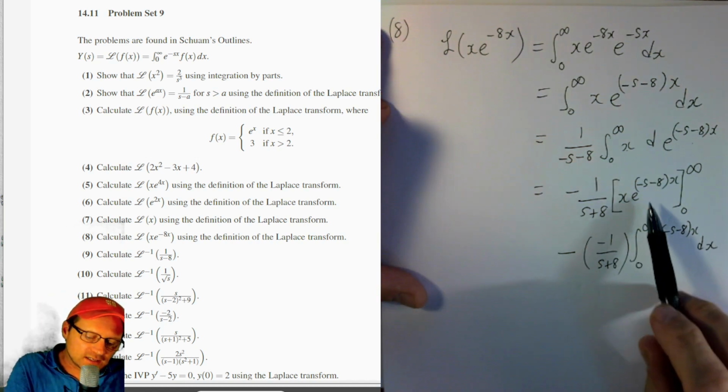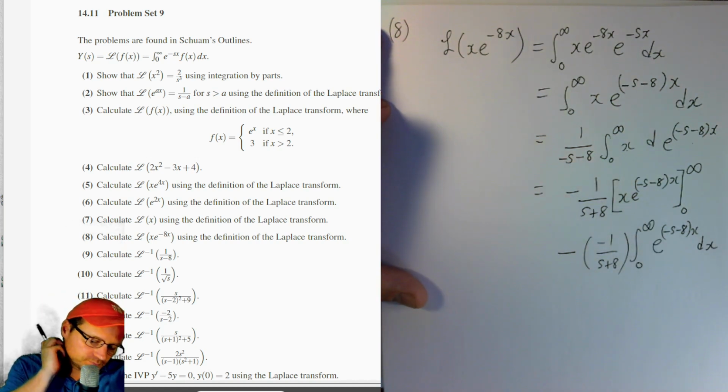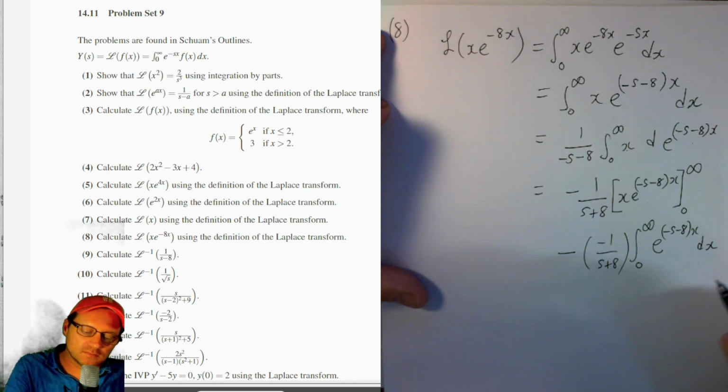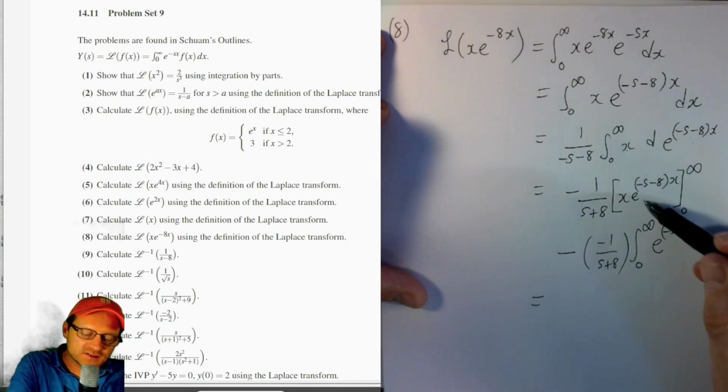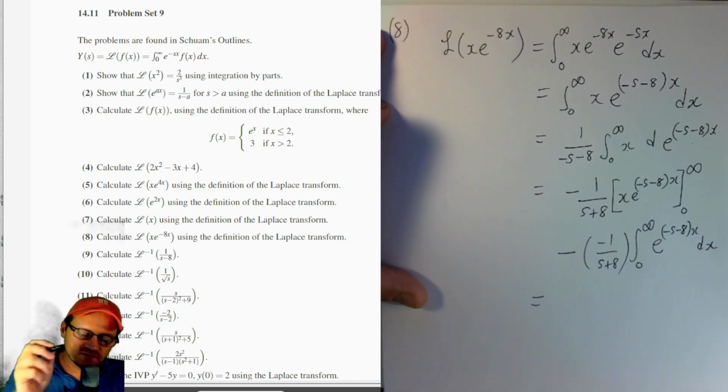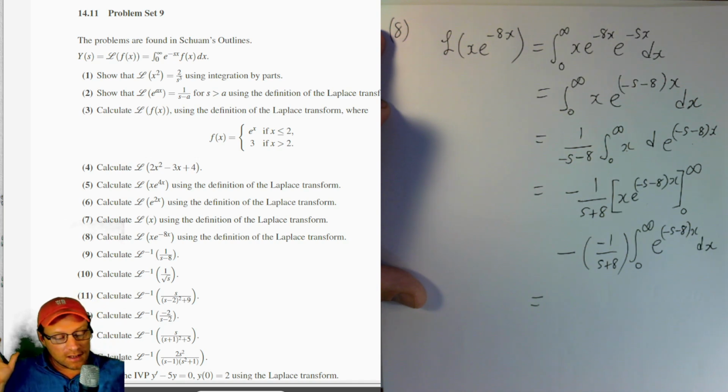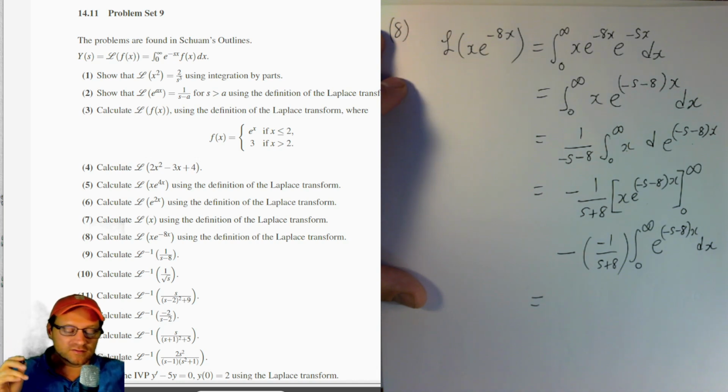And then we take a limit for this one. And so we'll get 0 for that limit, provided that s plus 8 is positive.